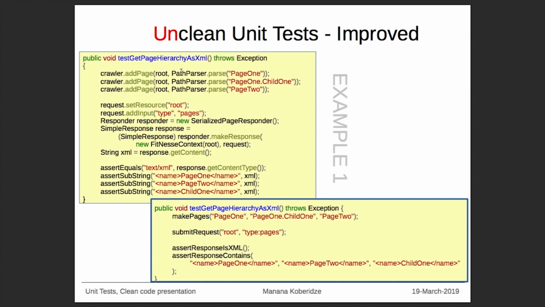So everything would be the same, but first with assert response is XML, and then the same code with assert response contains. And as we saw, duplicates are not nice, and it's not a good practice. So it's okay to have more than one assert, but they should serve one functionality anyway. The idea is to have minimum asserts.